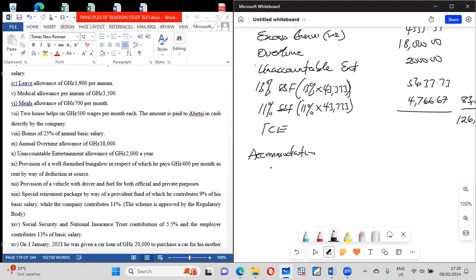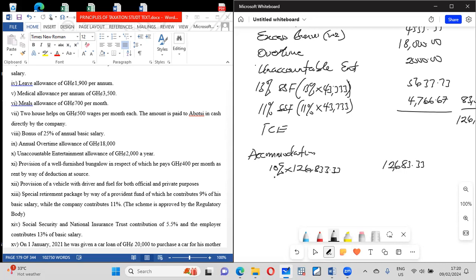If it is furnished, it's 10% of my 126,833.33. So let me do 10% of that, and I guess it will be what? 126,833.33. So that is what it will be.